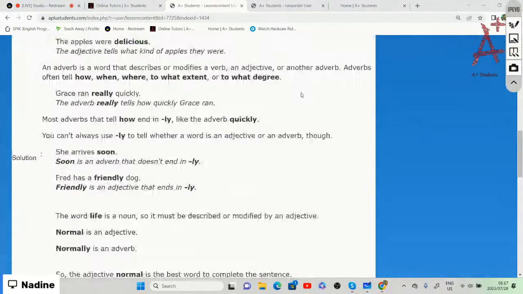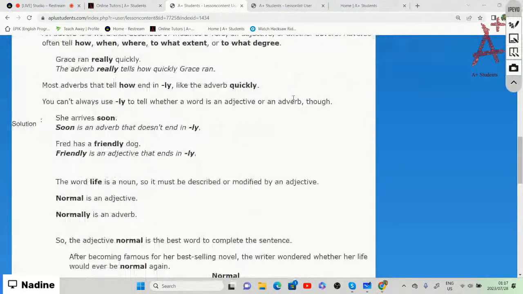All right. So the best possible options given to us are normal and normally. Normal is an adjective and normally is an adverb, right? And we need to choose a word that describes or modifies the noun.